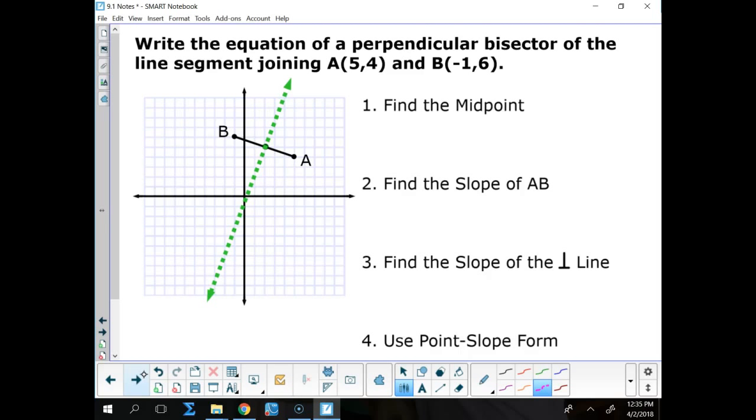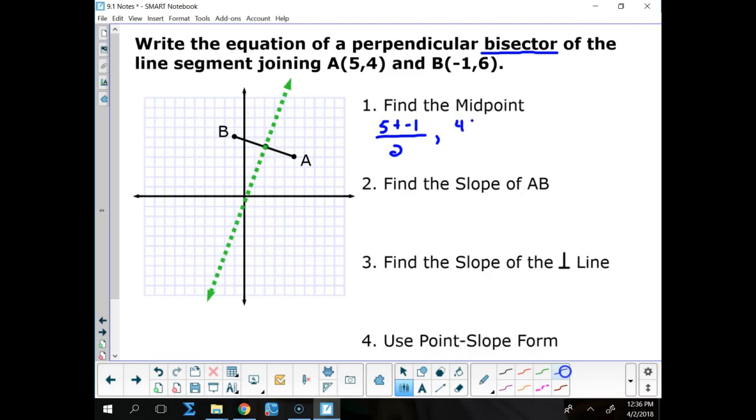So there's a couple of things going on in there. First off, we've got the bisector part. Let's talk the bisector part first. That is number 1, finding the midpoint, because that is where it is going to bisect. If I'm going to find the midpoint, I would take the x values, add them together, and divide by 2.